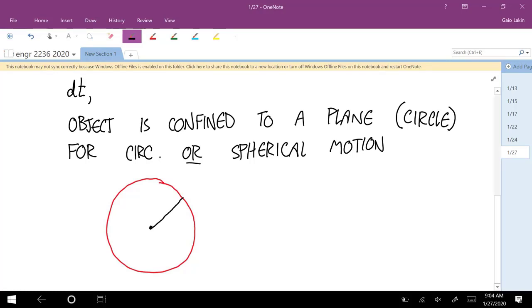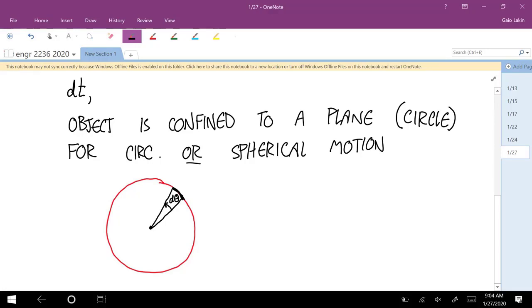So the object over that time interval dt tracks out some arc of the circle like this, and we're going to define that by this infinitesimal change in angle d theta.